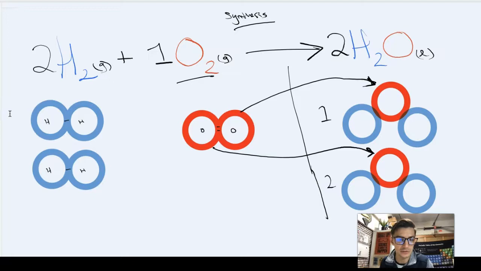So I have two molecules of hydrogen and one molecule of oxygen, and that can give me 2 molecules of water. This is a balanced equation.